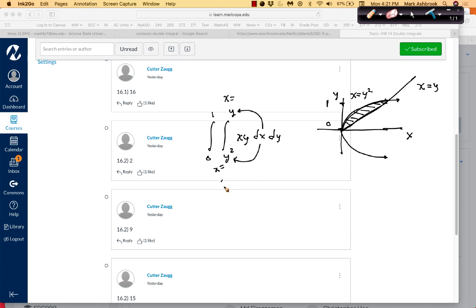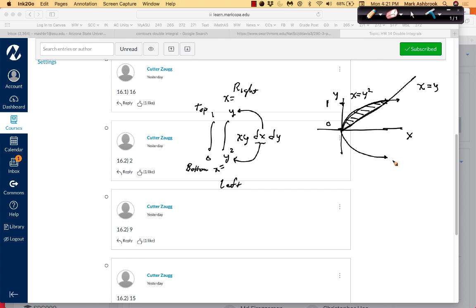So we're talking about left and right, because dx, right? X is the horizontal coordinate, left to right. And then from the lowest point, the bottom point, to the top point is 1. So bottom is 0, top is 1. Okay, that's number 2.